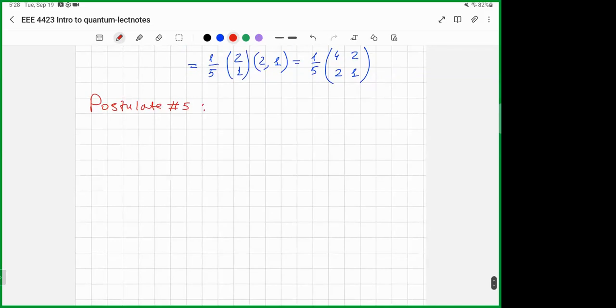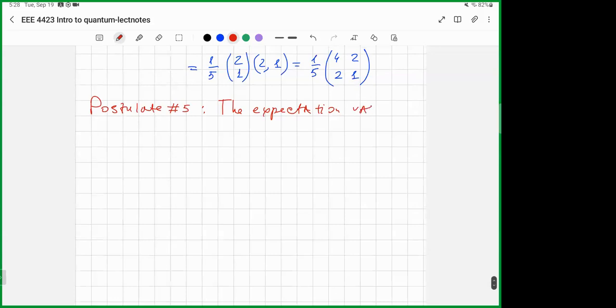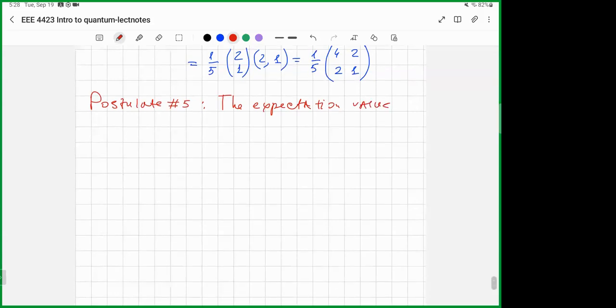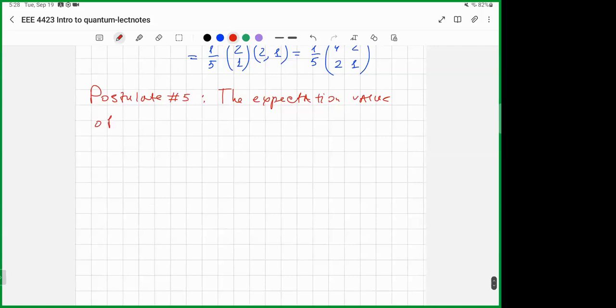So let me write it this way. The expectation value of measurement of the observable, let's denote it by O operator. So it's an operator that corresponds to some observable: energy, coordinate, momentum, etc.